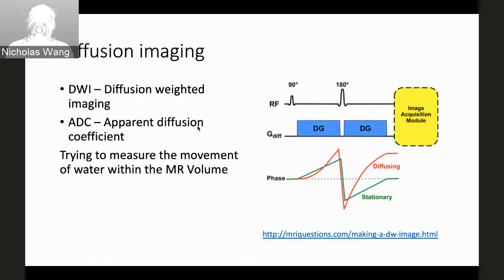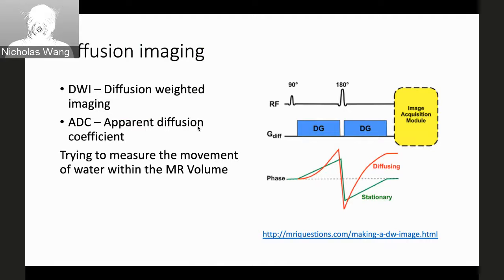You take a pulse to set the hydrogen spins precessing, and then provide a gradient, and then flip the gradient, and then do an inverted gradient. So the idea is if you're staying stationary, these two gradients will cancel out.